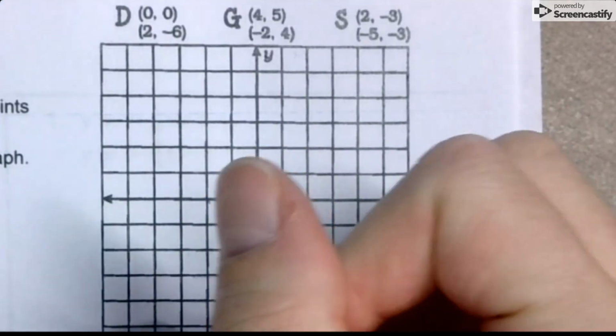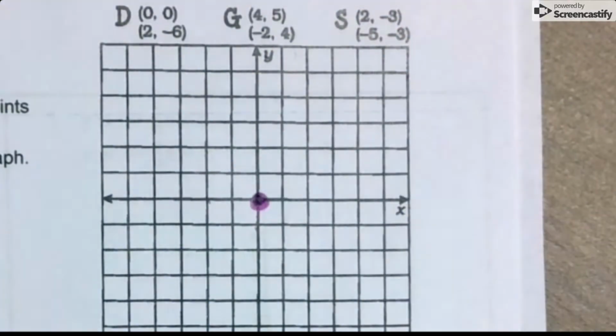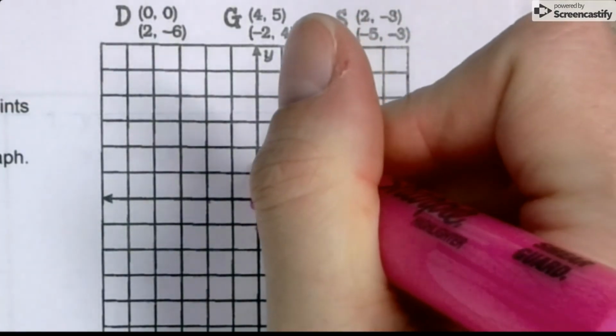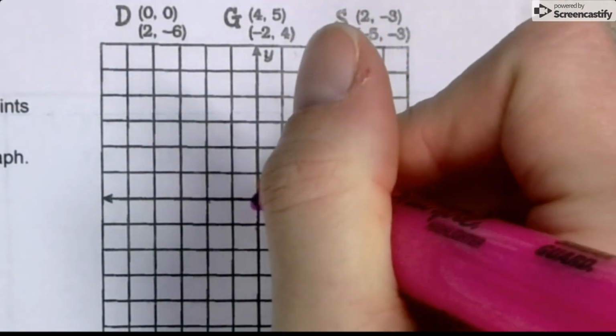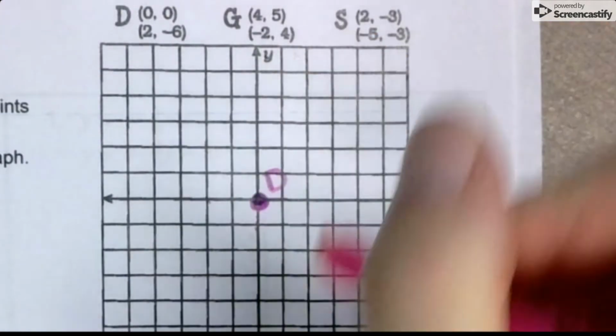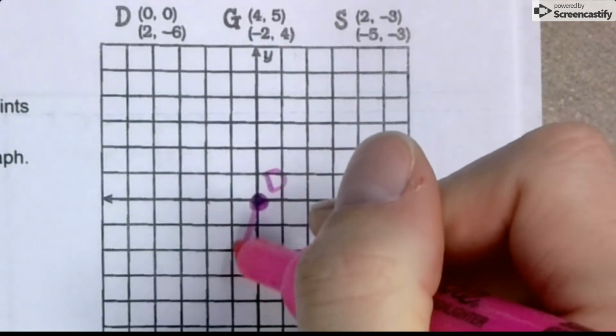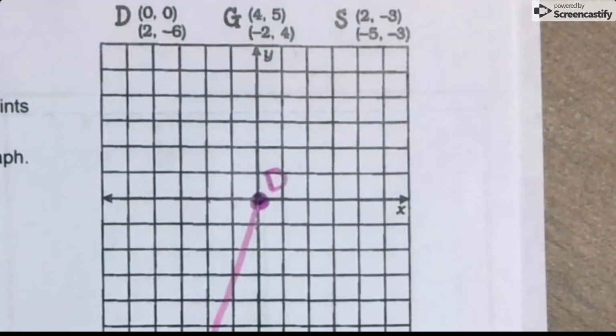And where those two meet, I'm going to plot my point. I'm going to label this D, label this D, and because they're both on the D, we could connect them. Okay?